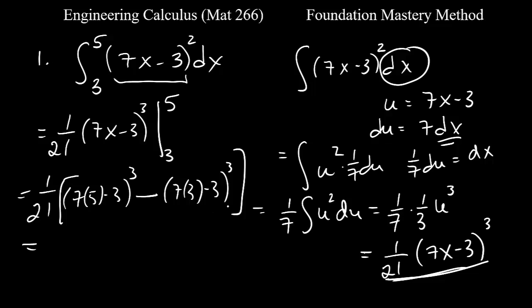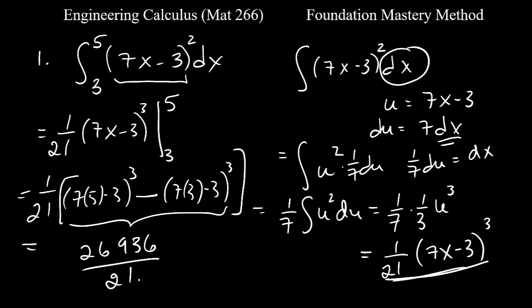If we were to calculate this, we would get 26,936 over 21. We could approximate this by 1,282.67.